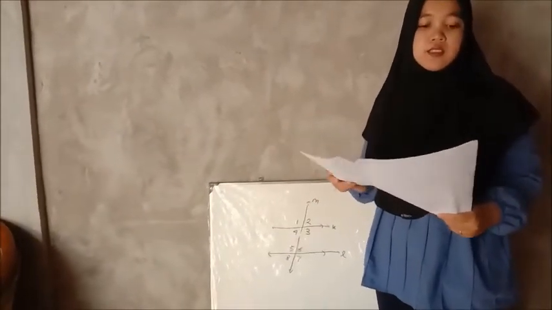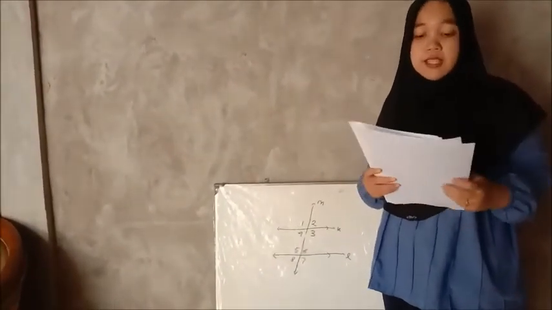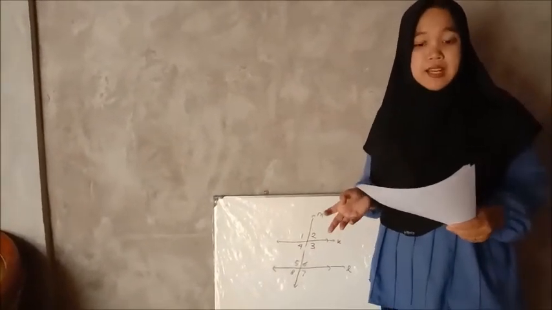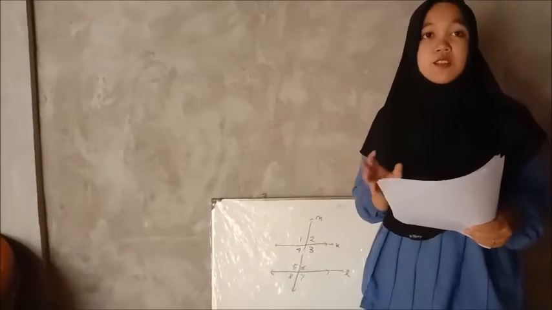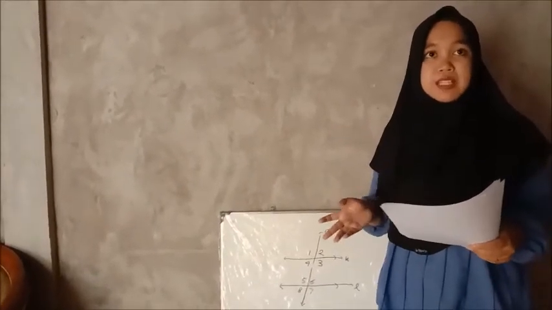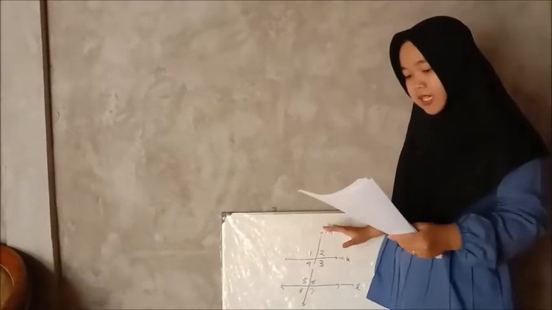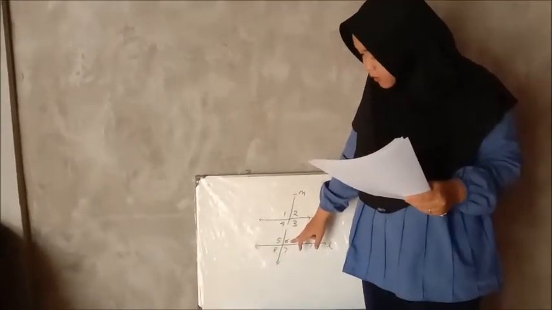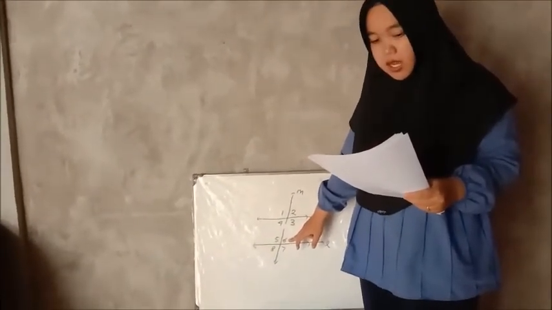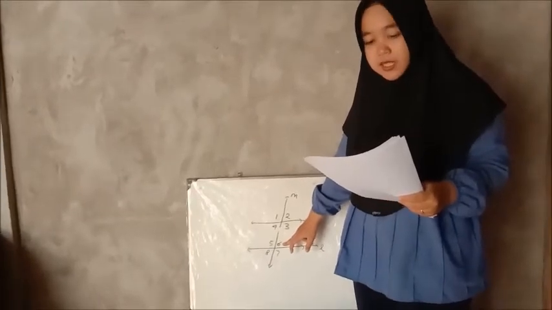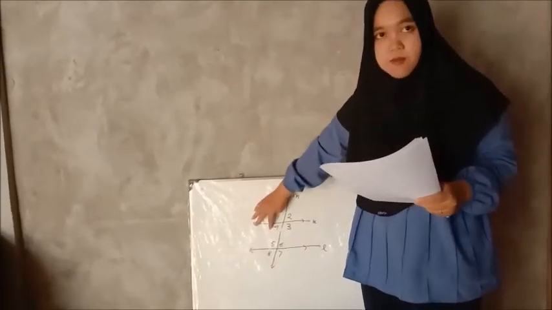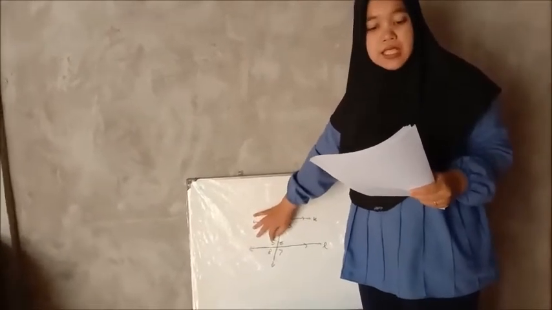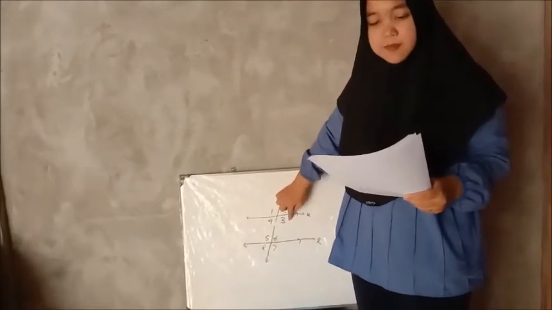Then the next problem is about alternate interior angle, or we also say sudut dalam berseberangan. From that, we know that the angle 6 will be alternate interior with the angle of 4. Then 5 will be alternate interior with 3.